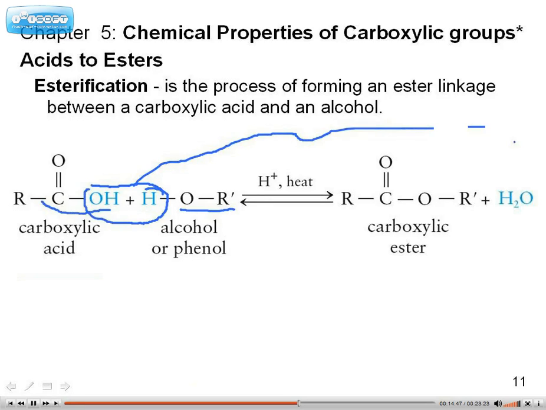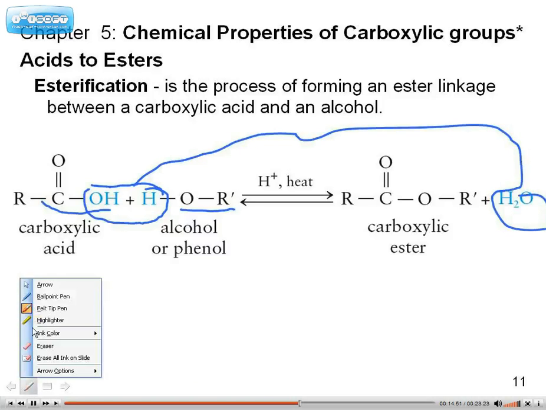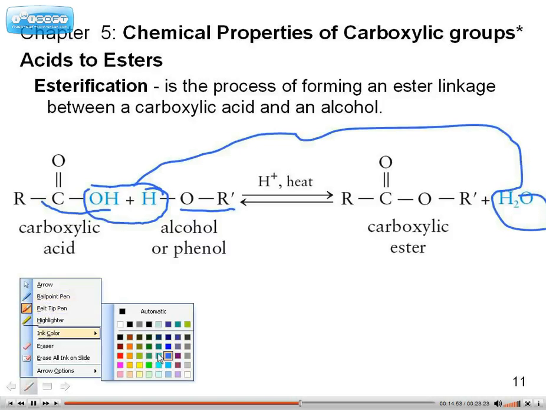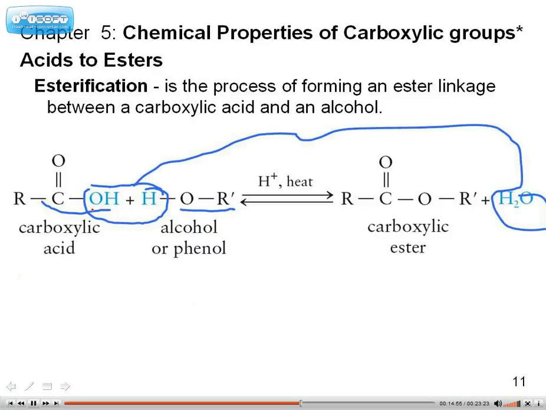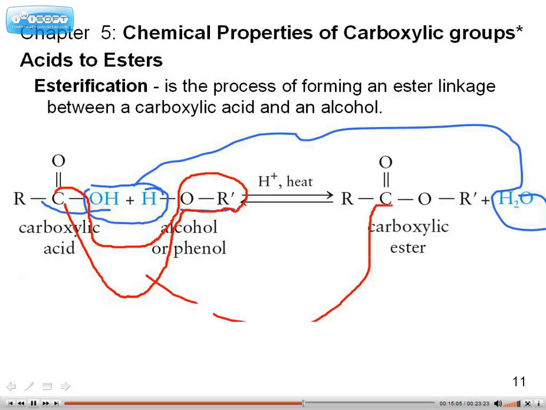it's going to form a brand new water molecule, and then the remaining components are going to form what we now call a carboxylic ester.